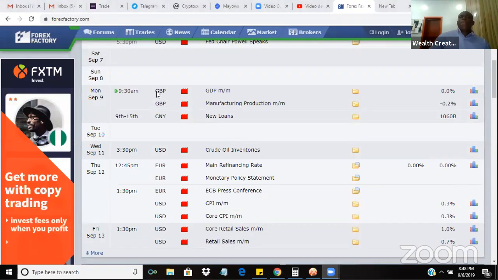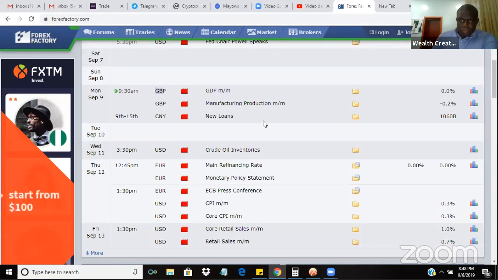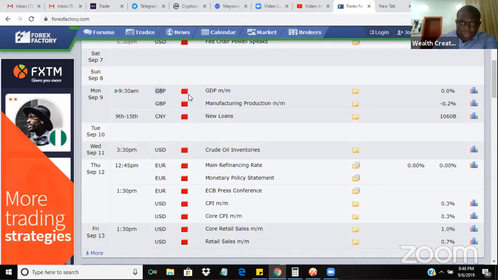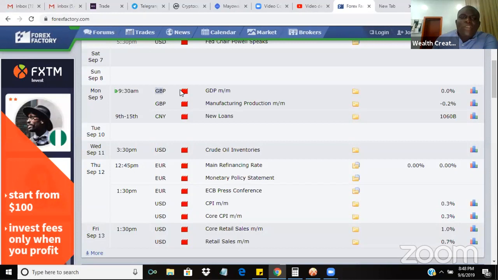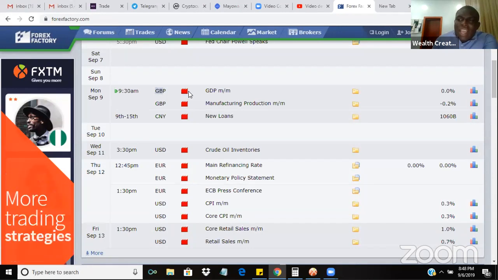So if I want to place a trade and it is around 8:30, I will stay away. So what this does for me is that it allows me to stay away from policy reviews, news, country interest rate.